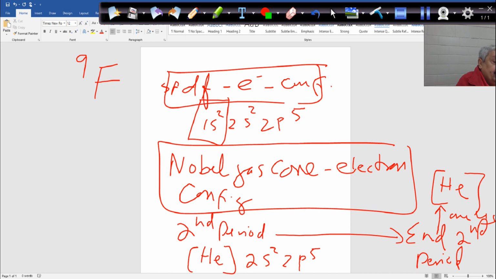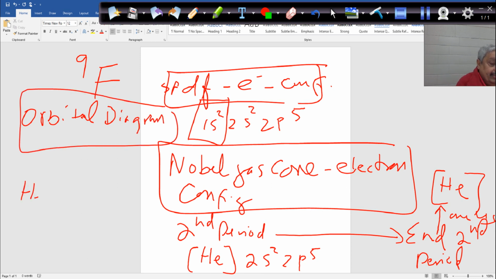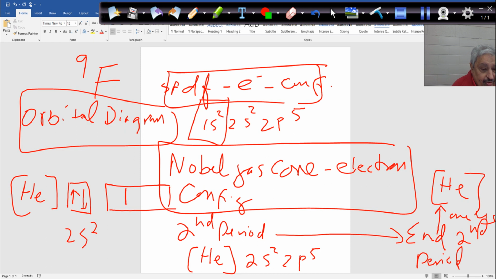How about the orbital diagram? Orbital diagram. So I keep the helium as is, that's 2. I have to have 2s2, so I have 1 up, 1 down, according to Pauli. I can't put them both the same. And the second one is p, made of 3: Px, Py, Pz.